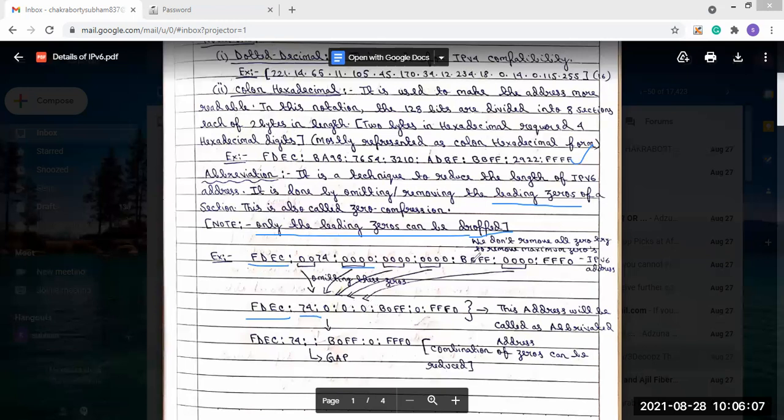Now in this B0FF, we cannot remove the zero, because this zero is not a leading zero.